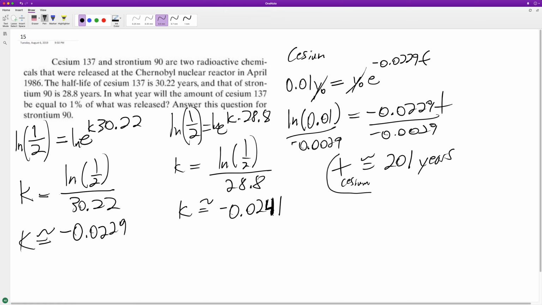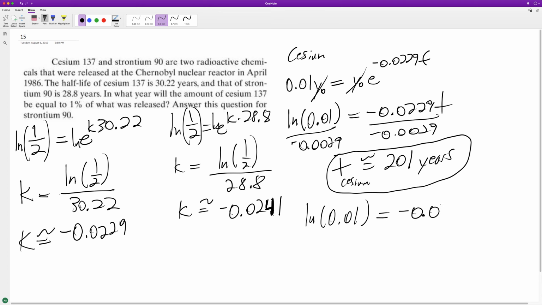And we're going to go ahead and do the exact same thing for strontium 90. It's going to be the natural log. I'm just skipping ahead here on steps. The only difference is the k value is equal to negative 0.0241 times t.